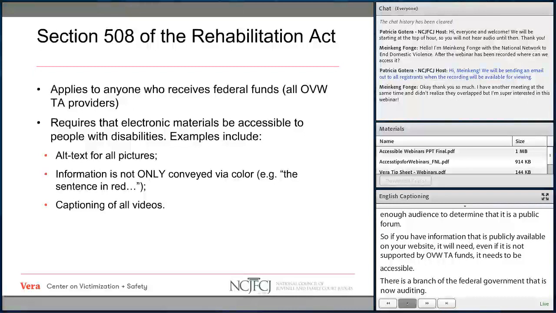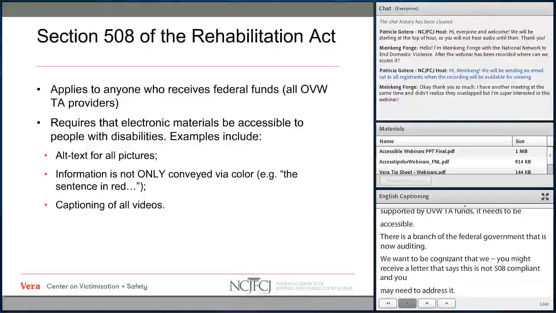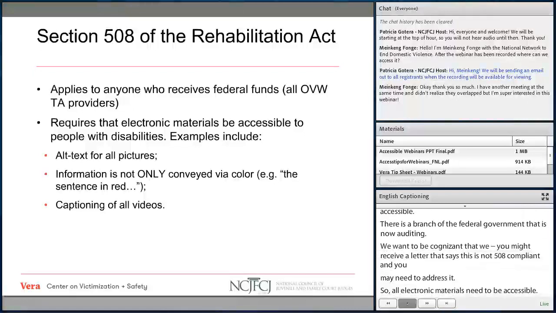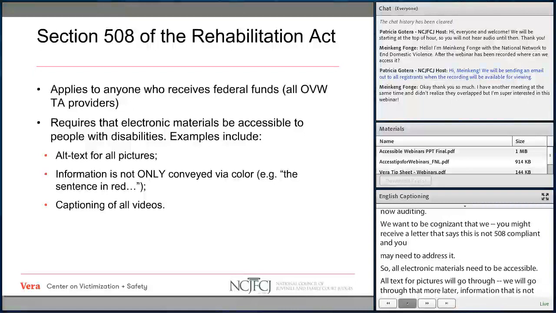So all electronic materials need to be accessible. So alt text for pictures, we'll go through a little bit more of that later. Information that is not only conveyed via color. So when you're pointing things out, when you're bringing attention to things, make sure to use more than one identifier, like underlining or bold.